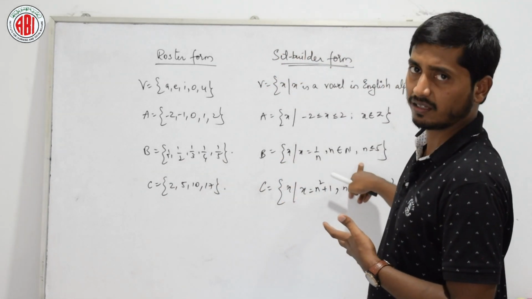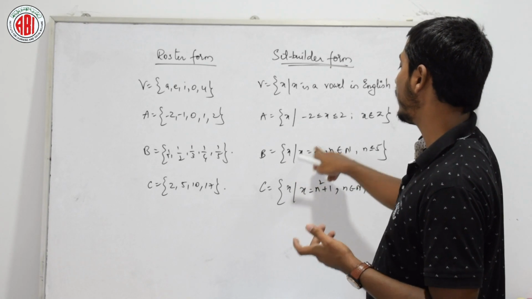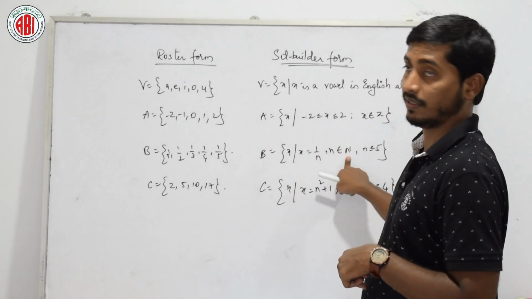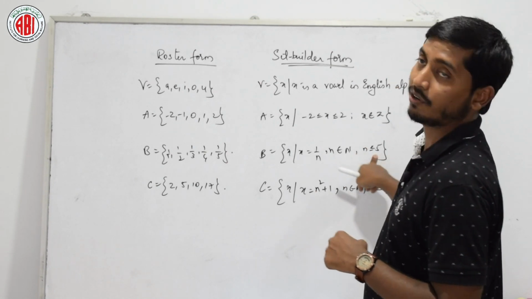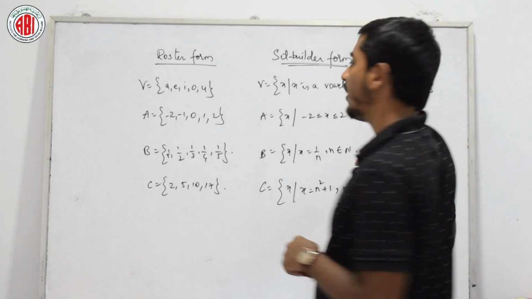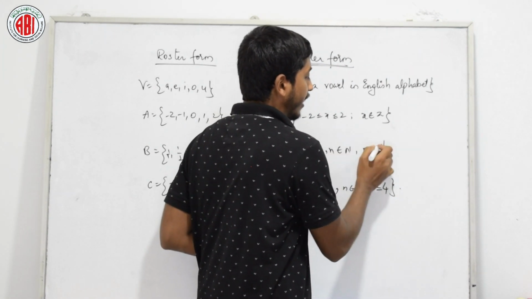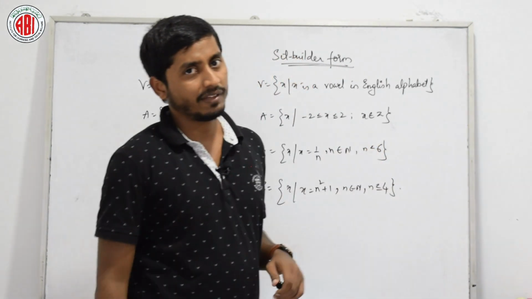So x such that x is equal to 1 by n, where n belongs to natural numbers and n is less than or equal to 5. Is it clear? If I don't want to write this equal to, I will remove it and write 6. Can we write that?